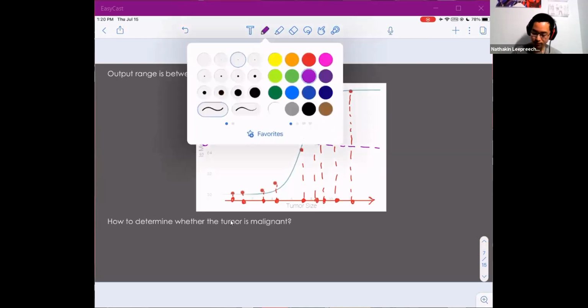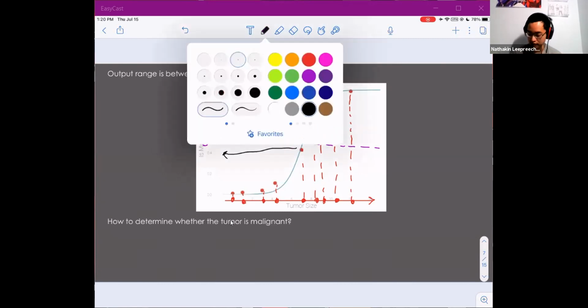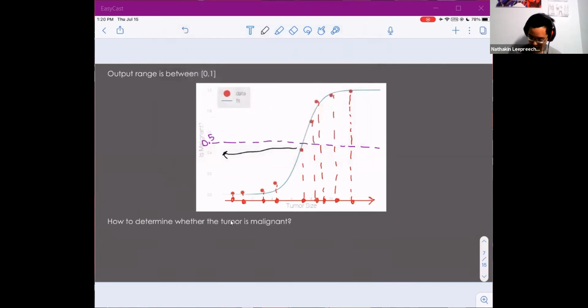With this, you simply say that if the y value of this point is below 0.5, let's classify it as class 0. So let me write it down: if y is less than 0.5, we assign it to class 0.